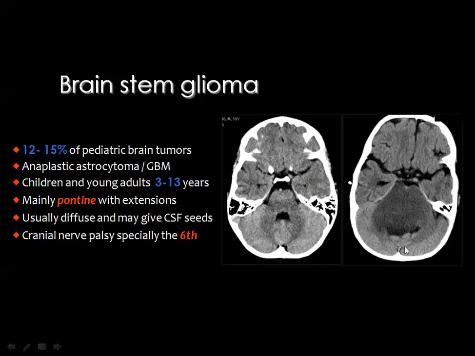And one of the very important criteria of brainstem glioma is that it can have exophytic extensions. The tumor grows by exophytic extensions on both sides of the basilar artery. You know that if the tumor leads to a swelling of the brainstem, it should displace the basilar artery anteriorly.